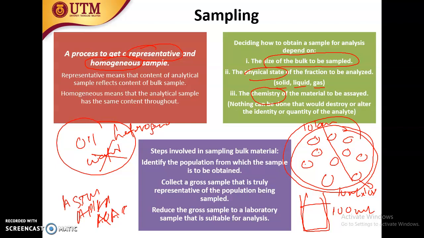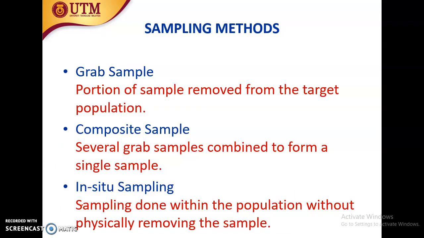Okay, always stick to the standard method or published method on sampling, and it goes towards anything, sample preparation as well. Okay, so this is the example I mentioned just now. After you grab, you combine to get a composite sample, and you can also do in situ sampling, usually for gas sample.